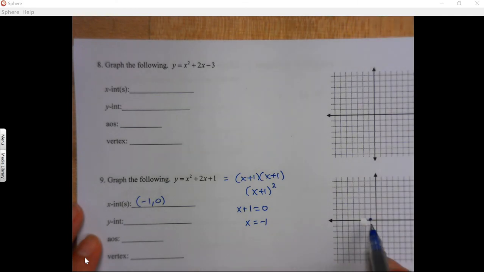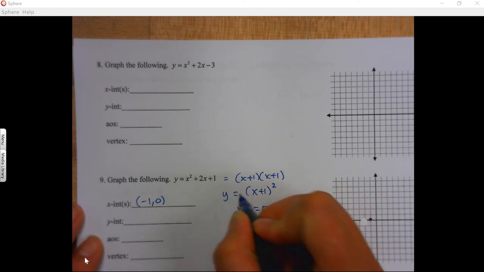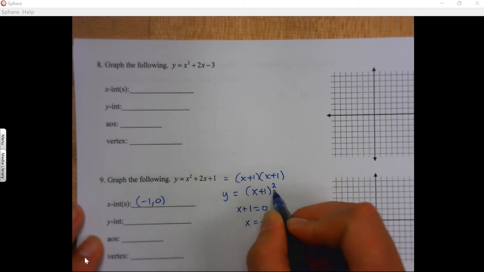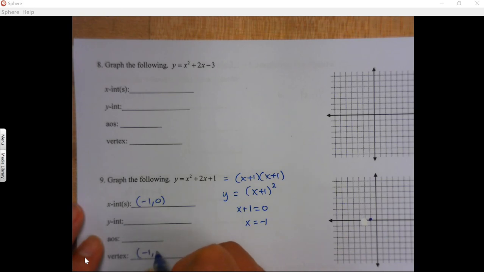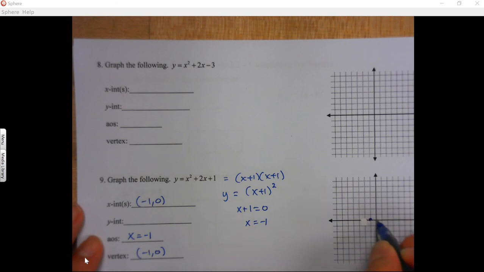Okay, so I have my x-intercept at negative 1. That happens to also be my vertex because this is now in vertex form here where we have x plus 1 squared. It is also the same as my axis of symmetry. And to get some other points on the graph, I'm going to go out 1 and squared, I get 1 in both directions. I go out 2 and squared, I get 4.